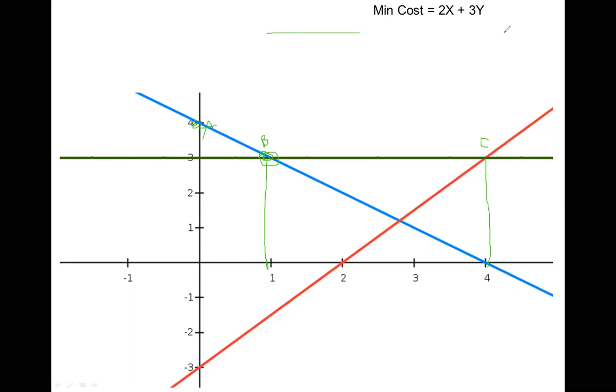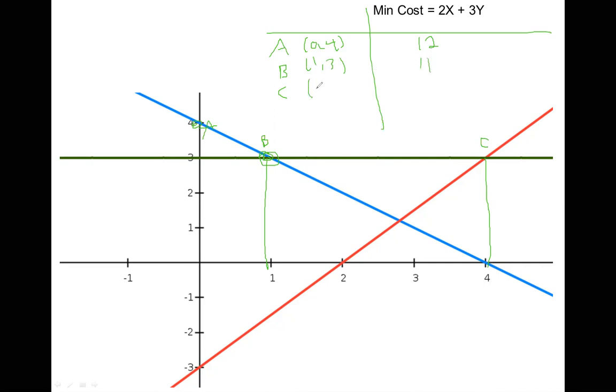So now we can put that in one table: A, B, and C. Point A is 0, 4. If you have point 0, 4, then the cost will be 12. Second point B is 1, 3. By direct substitution, 2 plus 9 equals 11.